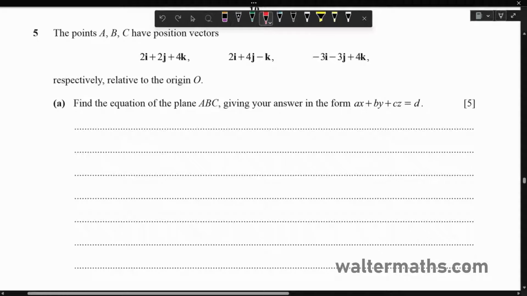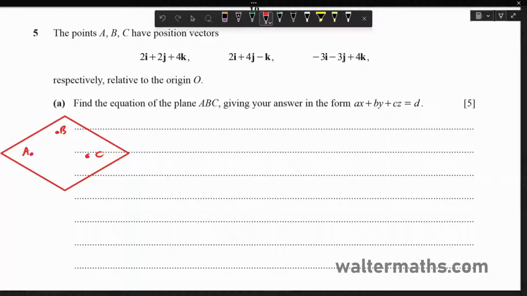So we have here a plane, and on this plane we have 3 position vectors, A, B, and C, and we want to find the equation of the plane. We're first going to find 2 vectors that are on the plane, which means we'll need to find AB.